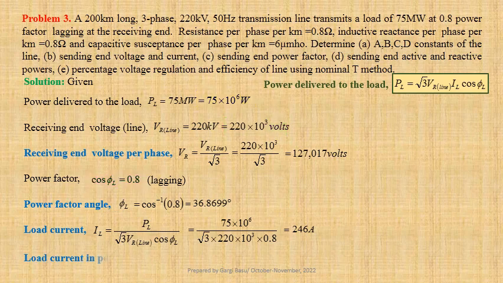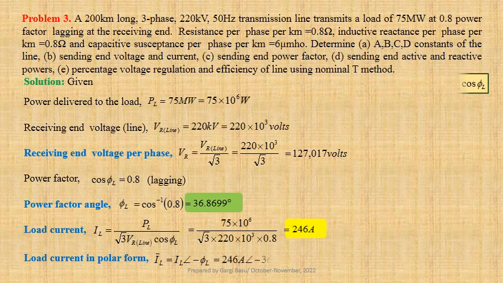Load current may be written in polar form as IL equals IL at an angle minus phi L, that is equal to 246 ampere at an angle minus 36.8699 degree. In this case, load current IL equals receiving end current IR.